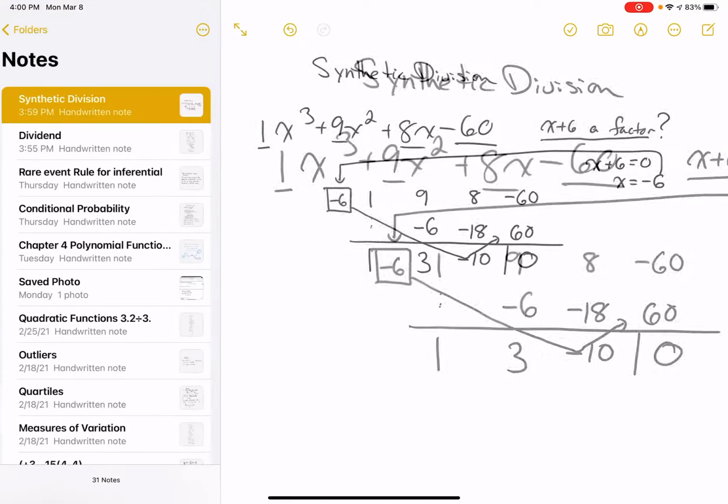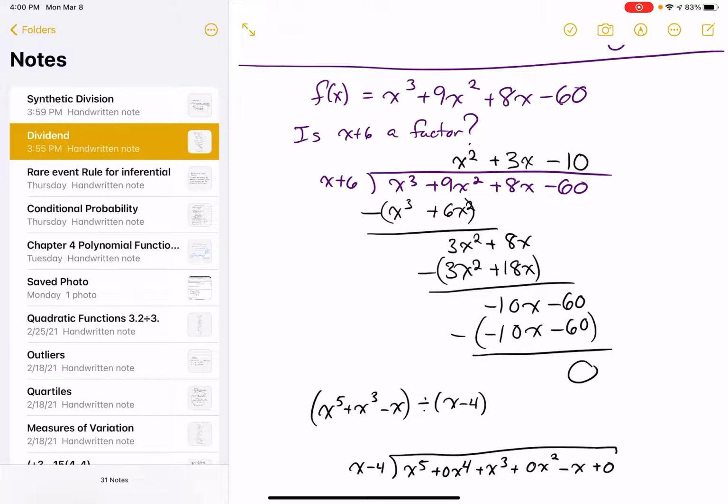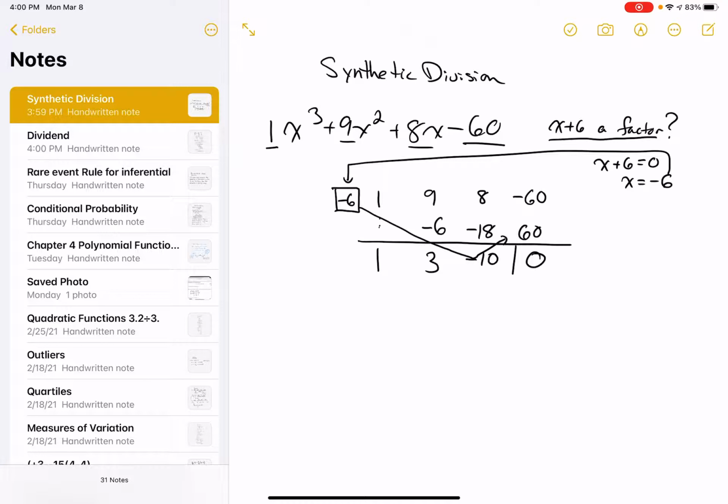If we look back to our other example here, we have essentially the -6, -18, and +60. So we're just taking these three specific numbers, which is left over from the process, to streamline it. Sound good? Beautiful.